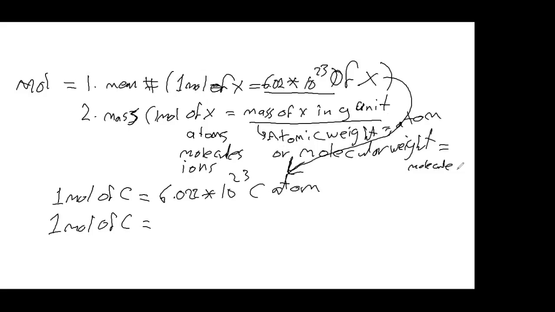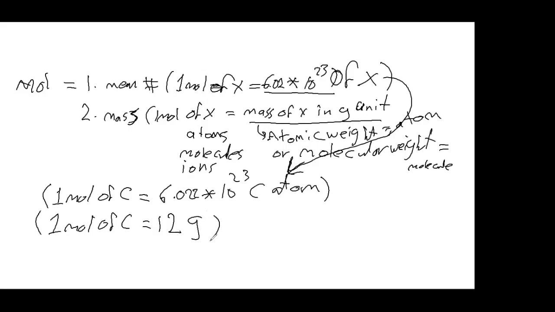So here we just have atom, so it will equal the atomic weight. What is the atomic weight for carbon? Equal to 12, but in a gram unit, 12 gram. So here we have 1 mole of carbon equal a number equal 6.02 times 10 to power 23 carbon atoms, or 1 mole of carbon will equal 12 gram, which is the atomic weight.